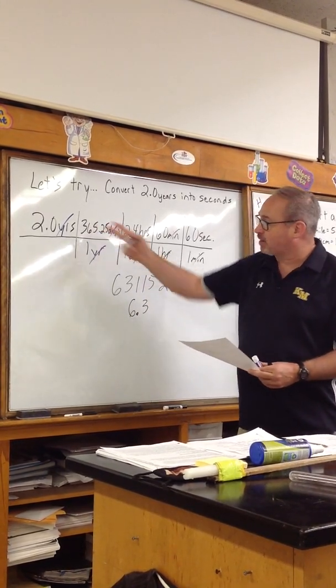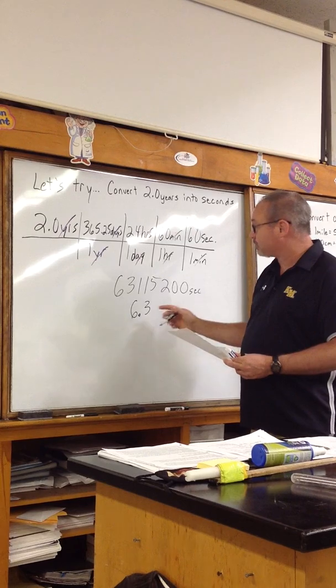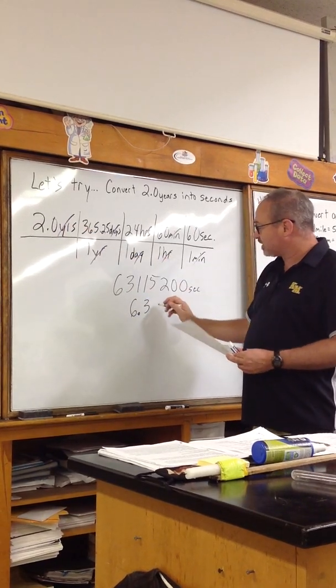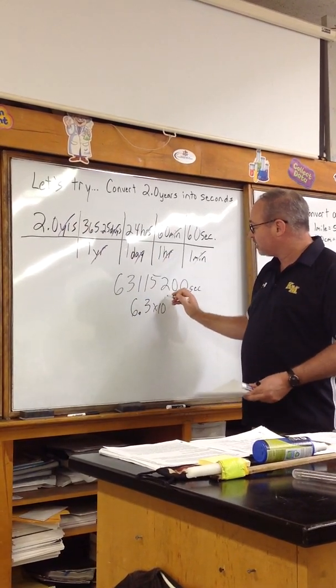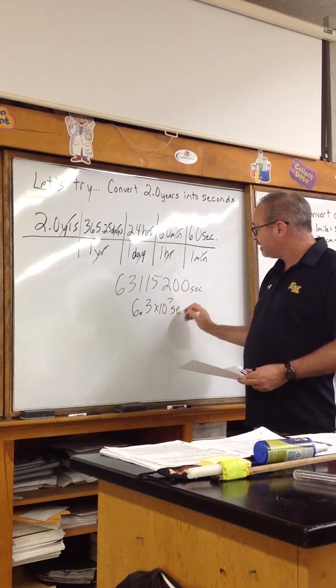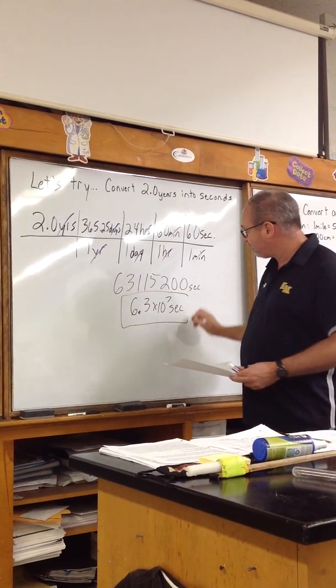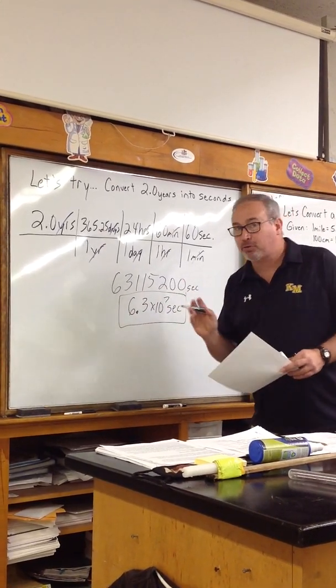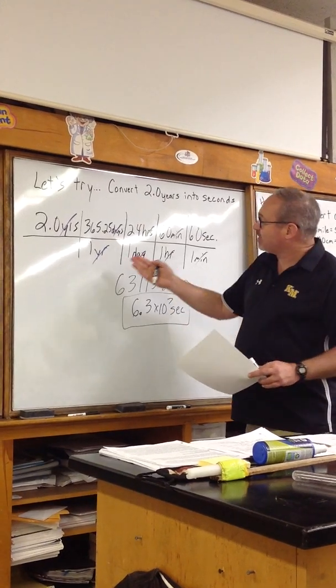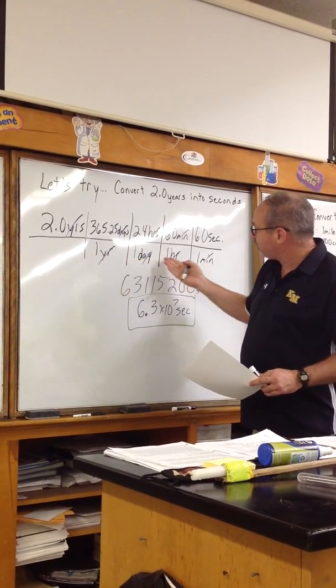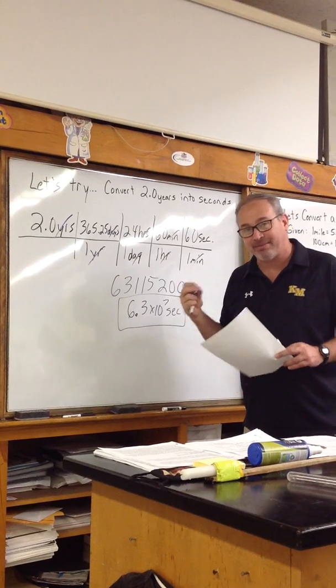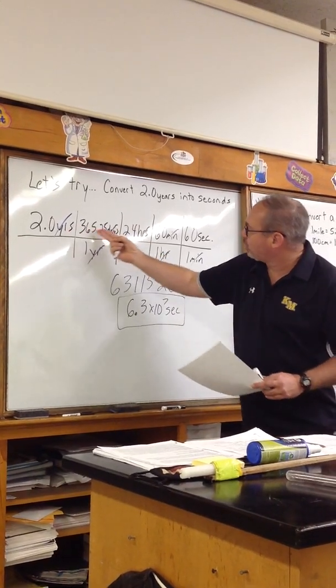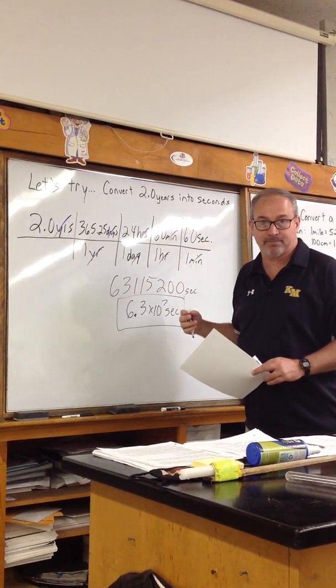And if you learn something called sig figs, we would have 2 sig figs. So 6.3 times 10 to the 7th seconds would be my final answer. That was pretty easy. And the other thing is we had no numbers on the bottom to divide by. Here, we just multiplied across the whole top.